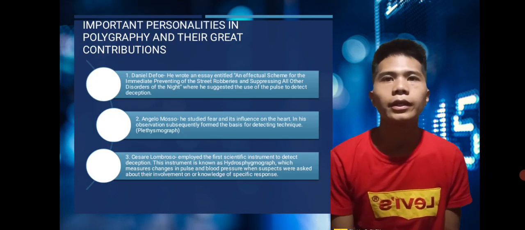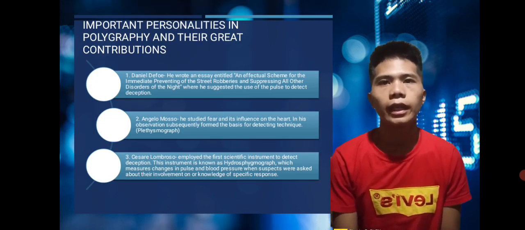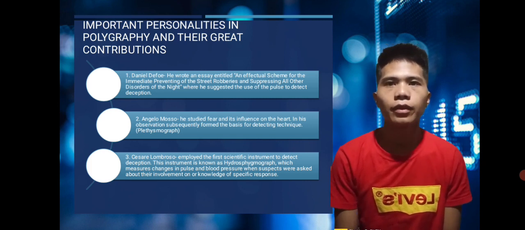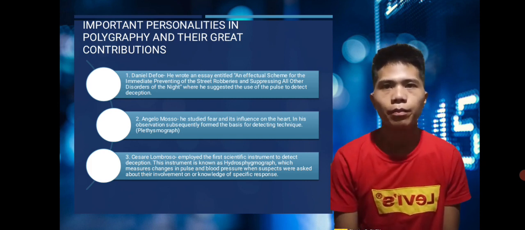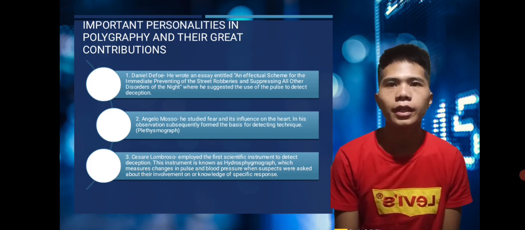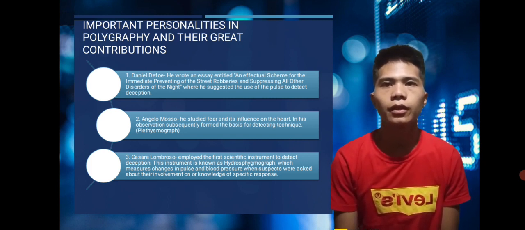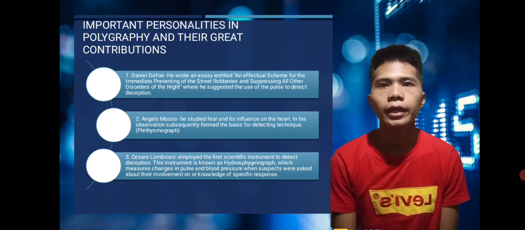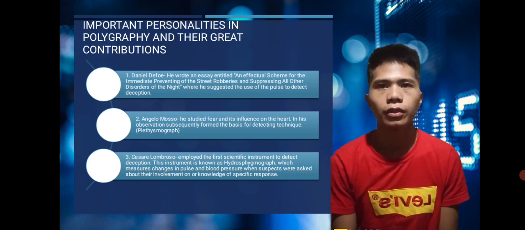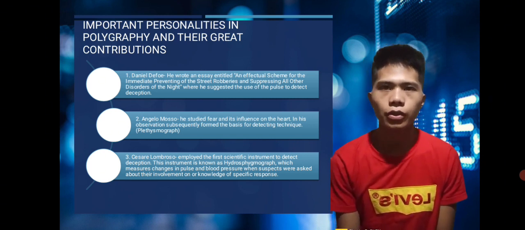Defoe wrote an essay entitled An Effectual Scheme for the Immediate Preventing of Street Robberies and Suppressing All Other Disorders of the Night, where he suggested the use of the pulse to detect deception. Second is Angelo Mosso.